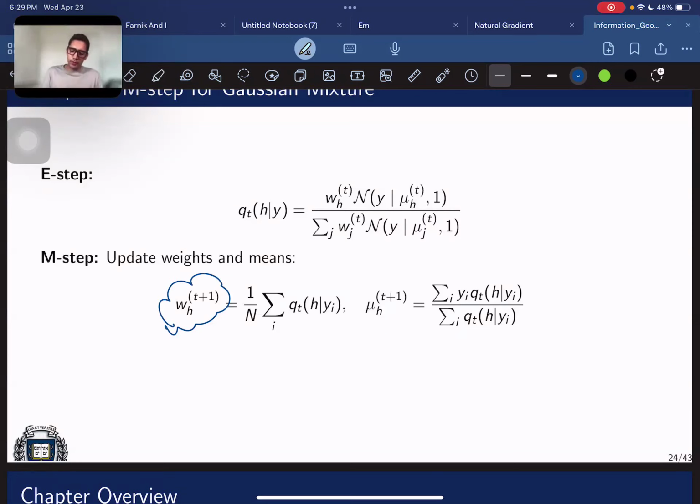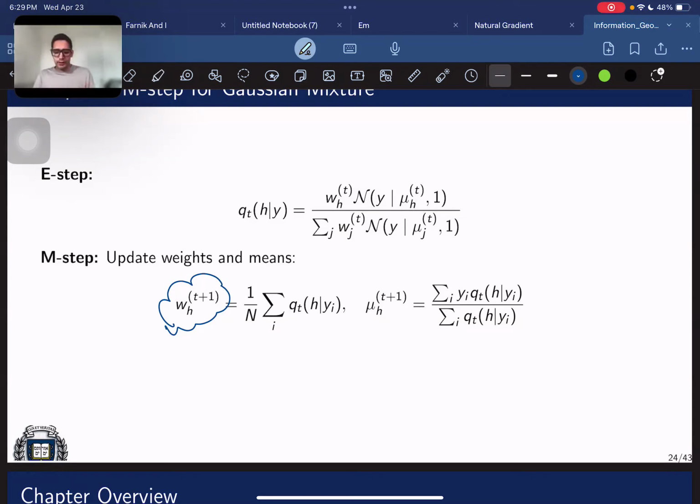So in the second step, you increase the probability of data point i coming from normal distribution j. If the parameter gives it a higher probability, then you increase your belief over that specific normal distribution.